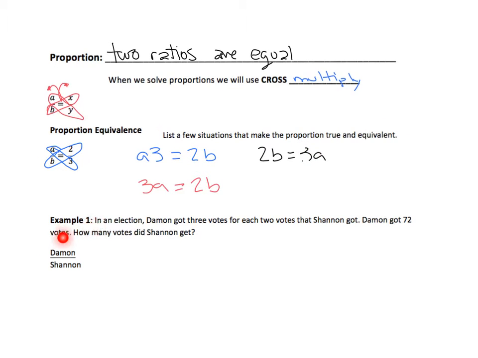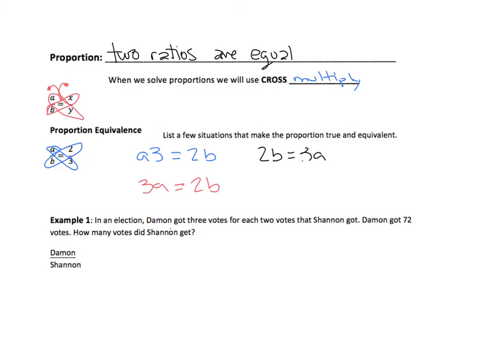So, an example. In an election, Damon got 3 votes for each 2 votes that Shannon got. Damon got 72 votes. How many votes did Shannon get? So our ratio we're going to set up is Damon to Shannon.